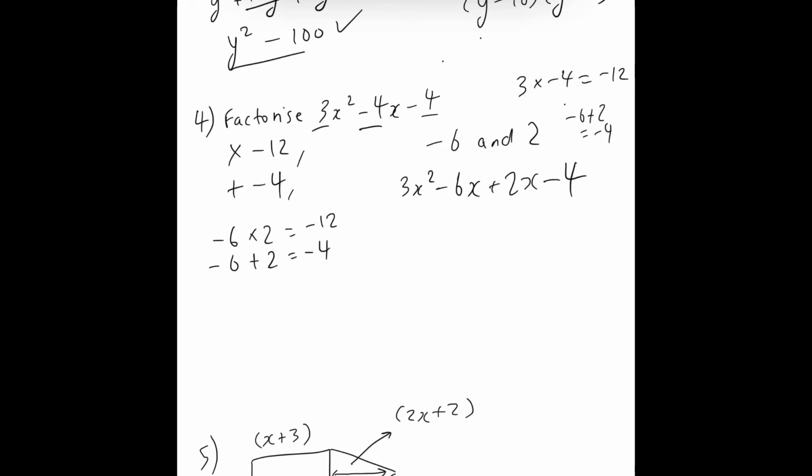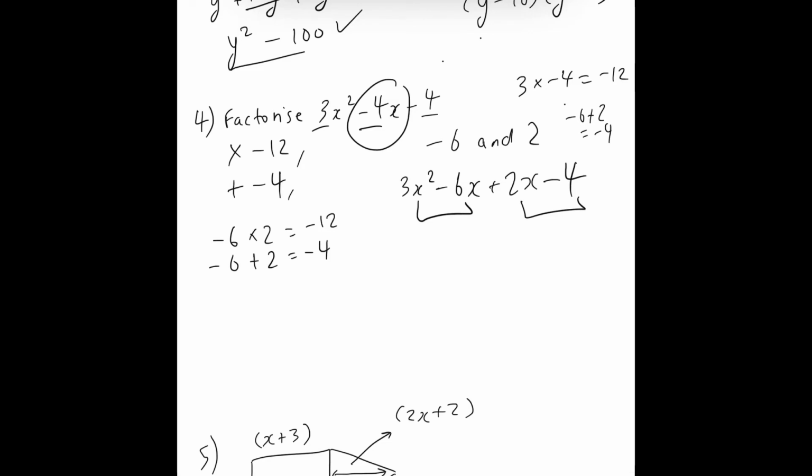So you have minus 6 plus 2x, which indirectly gives you minus 4x. Now your next step is to group these terms together and factorize each one of them.